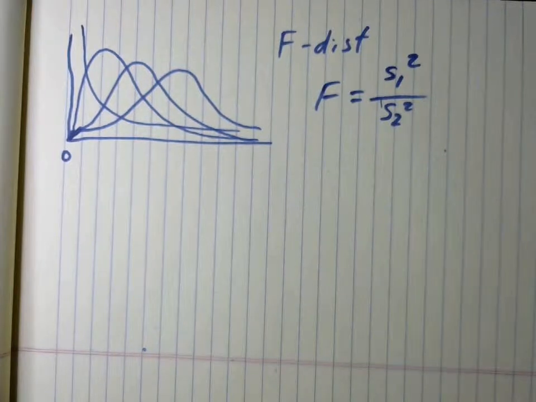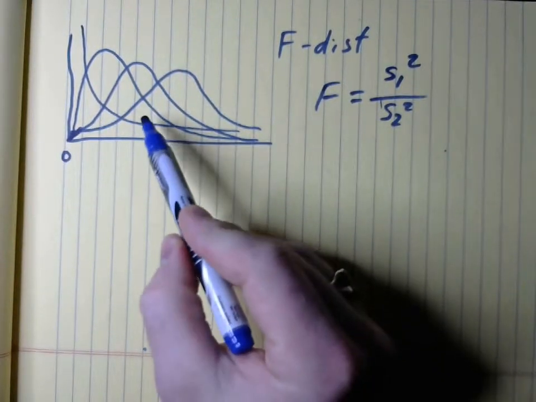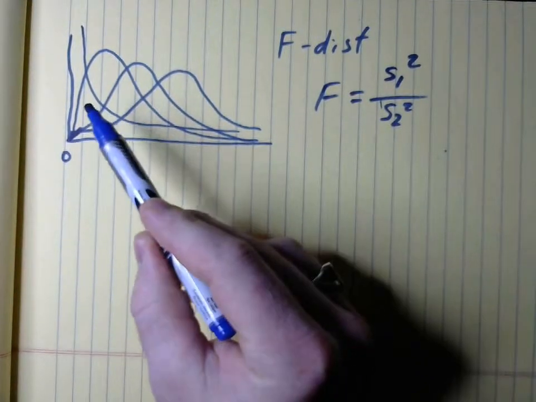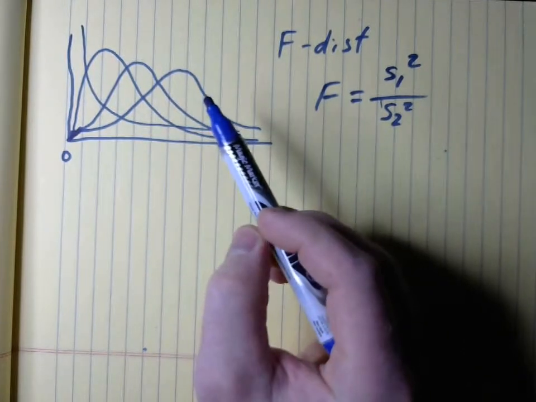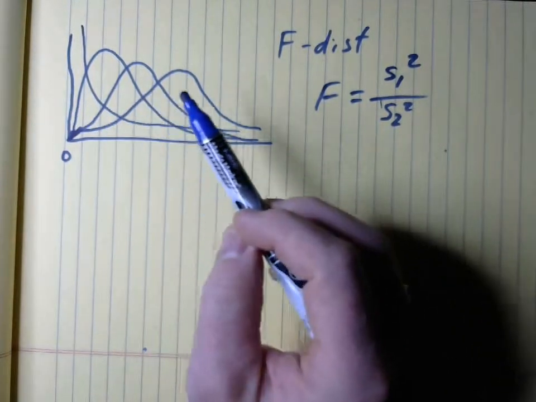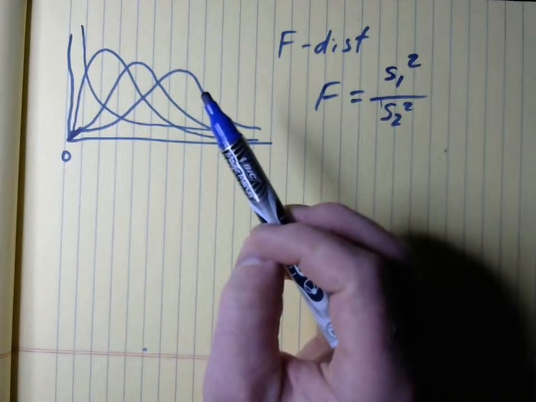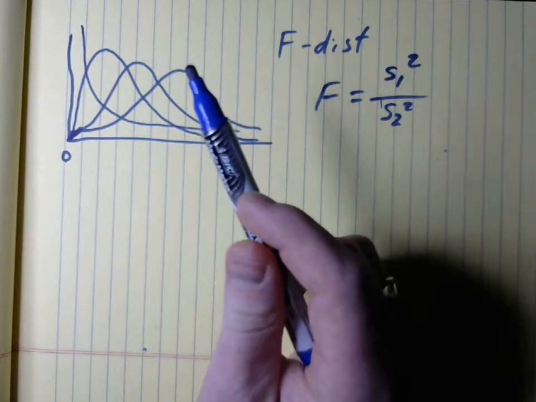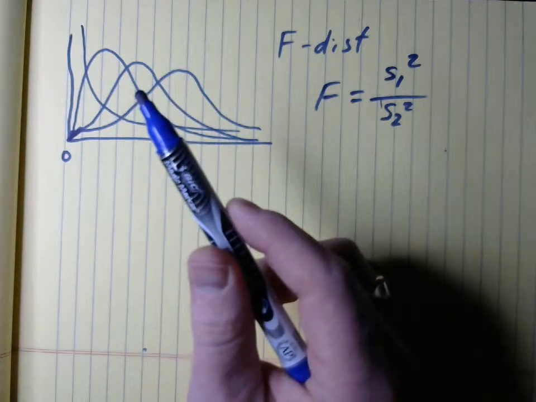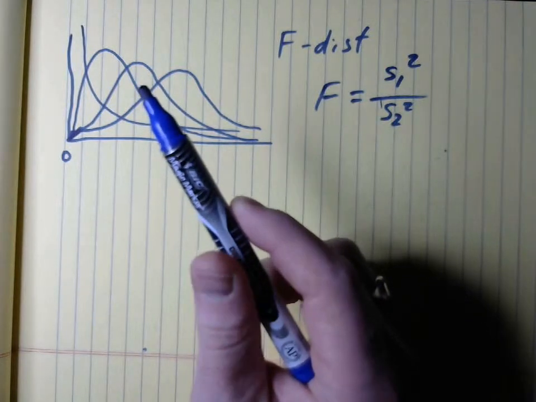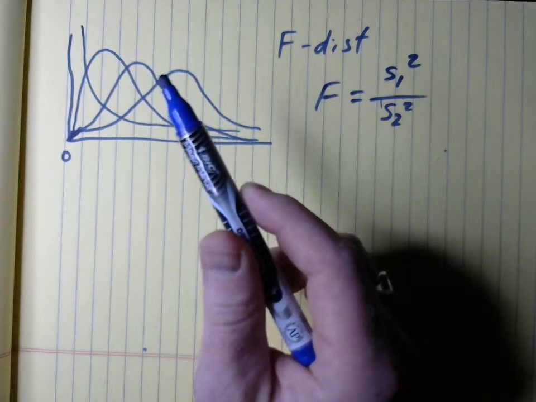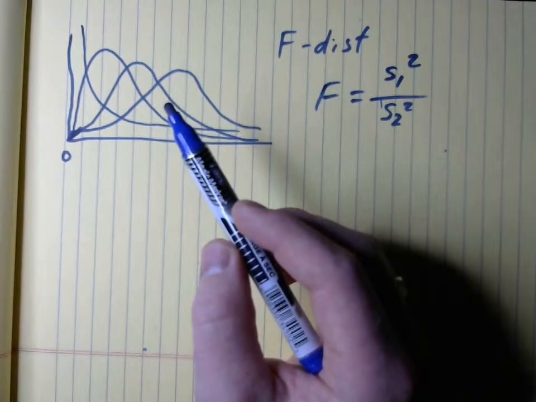What you can see here is that this distribution is skewed right. It gets more and more normal as the sample size increases, but in general it's skewed right. As mentioned before, it is similar to the chi-square distribution. It's dependent on the sample size, and that's also similar to the t distribution.